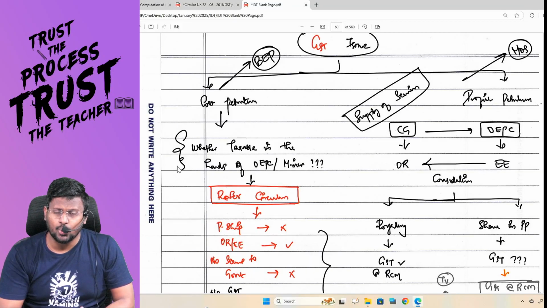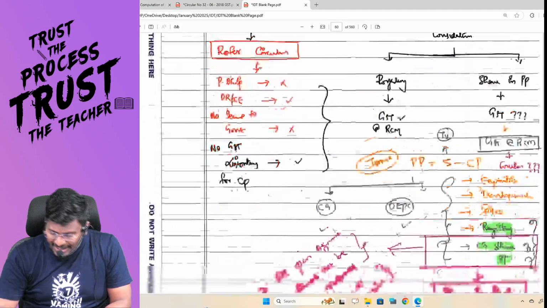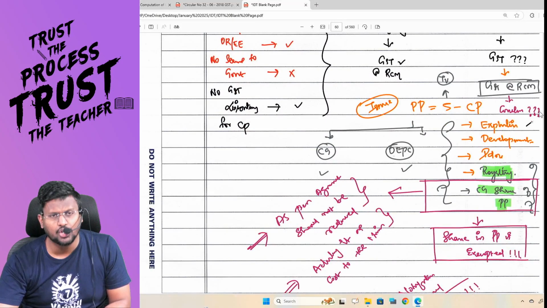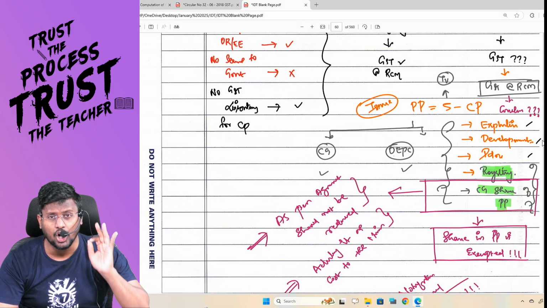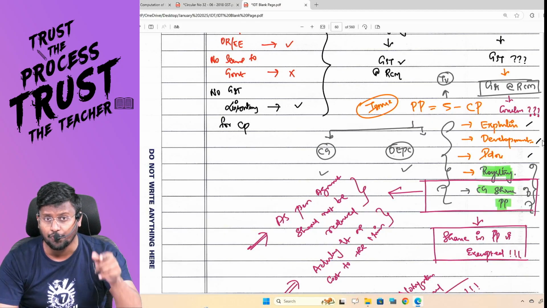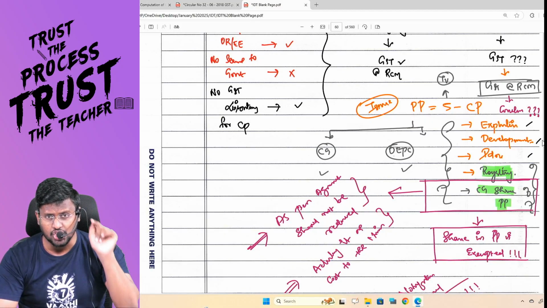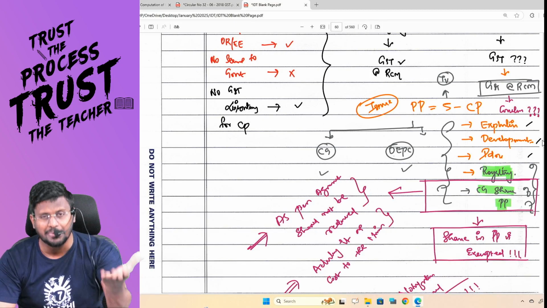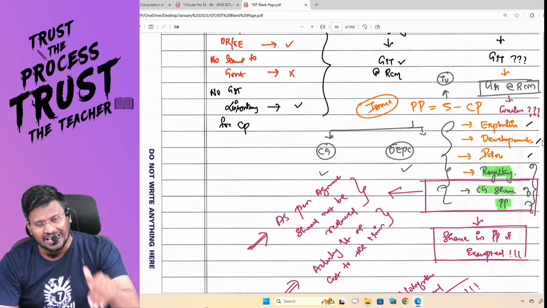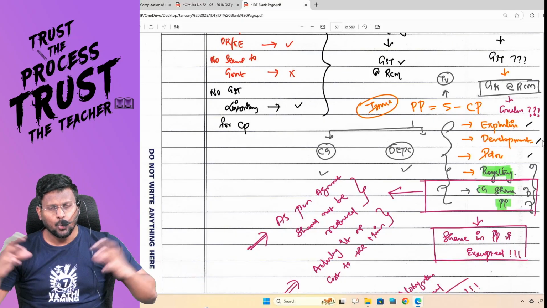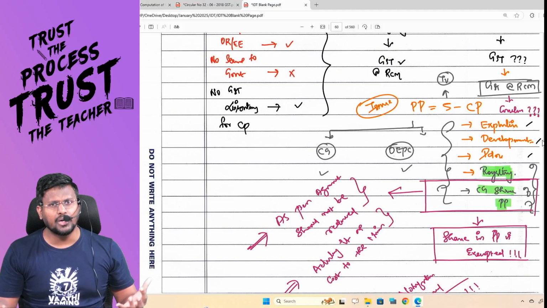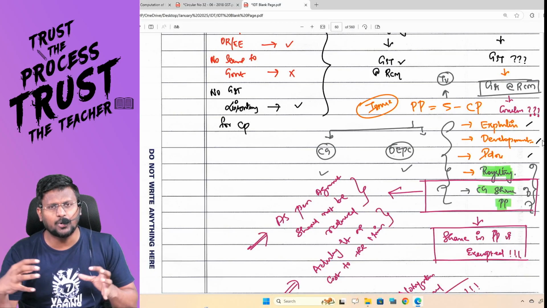Government clarified that no. If you are incurring exploration cost, development cost, production cost, you are not incurring these costs for the government. You are incurring them for your own business, because if you incur this cost only, you can extract the petroleum.